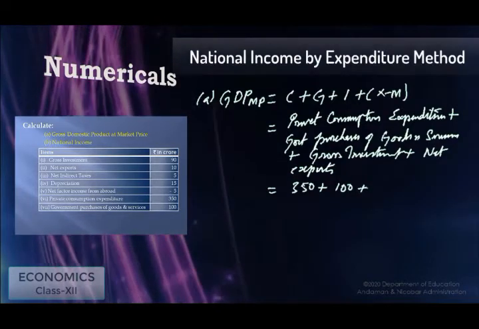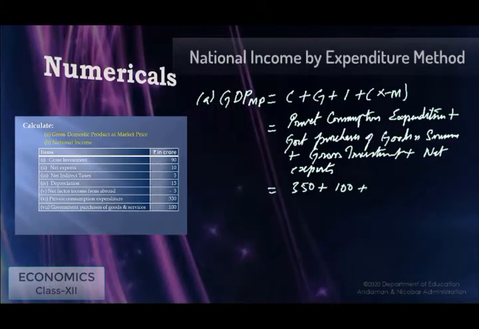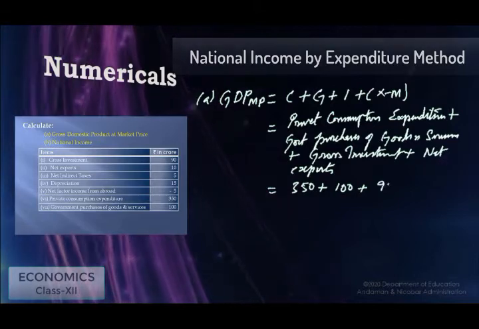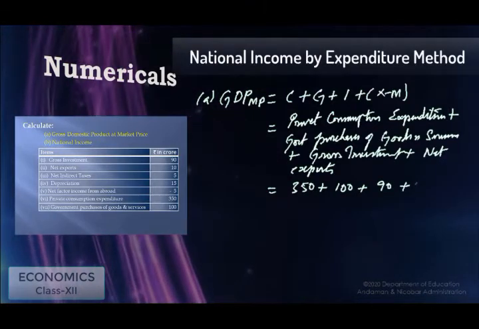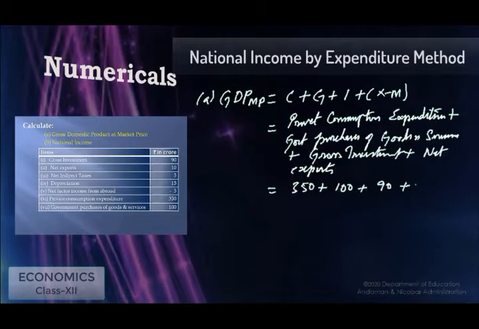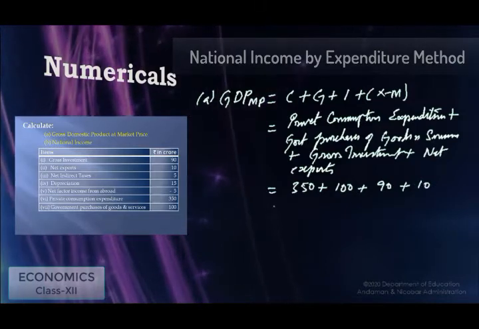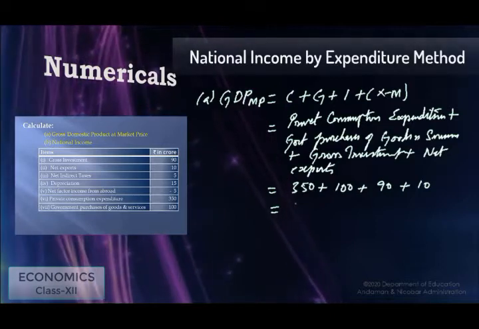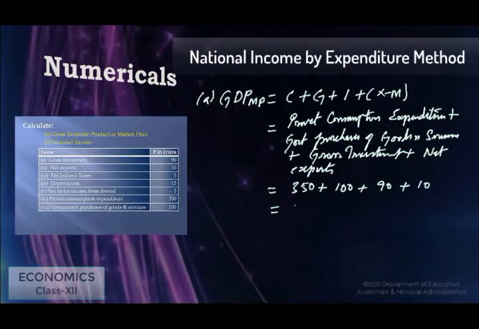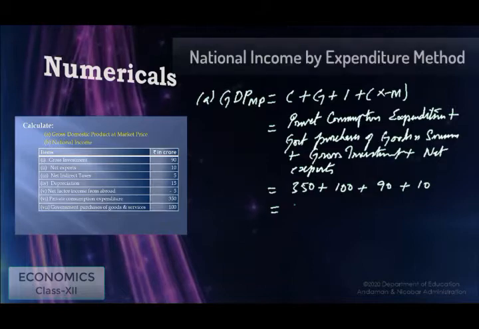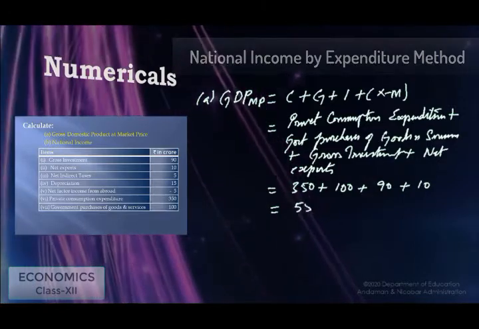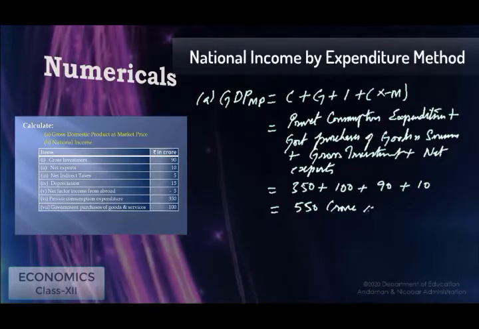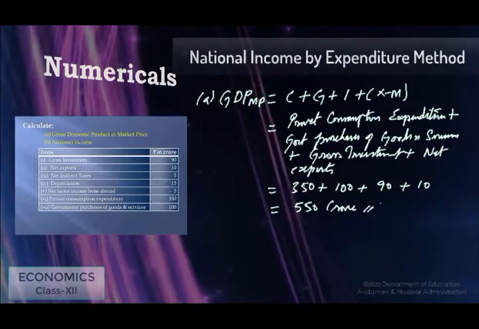Then again we have the value of the gross investment, that is equal to 90 crore, and at last the value of net exports is given as 10 crore. So when we make the summation of all these items together, we get the value of 550 crore as the value for the GDP at market price.